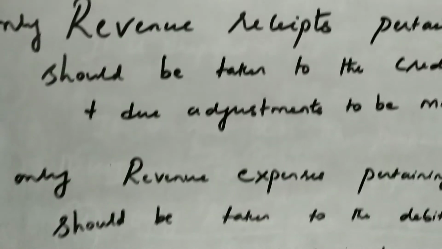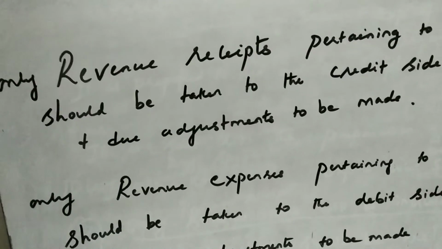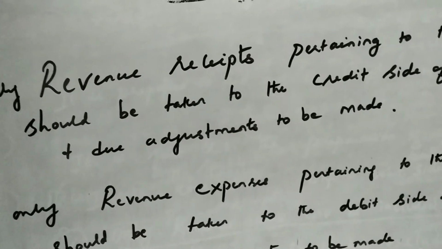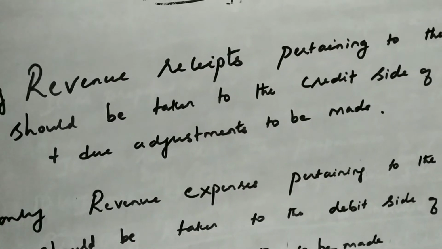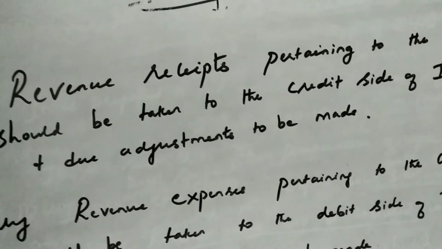Those non-cash items were excluded from the receipts and payments account, but those non-cash items should be included in the income and expenditure account.